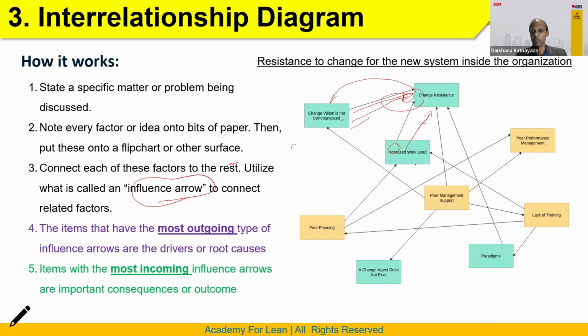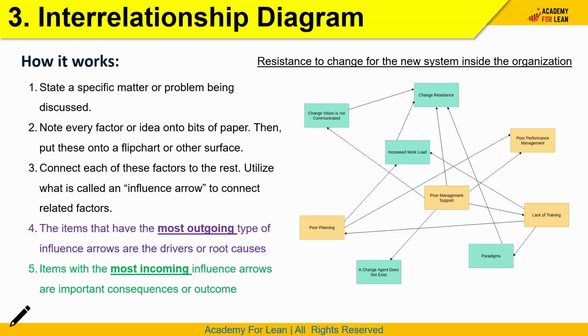If you have any connection between these, we draw it, anywhere you can draw it. Each other we can draw on both sides. The arrow can go this side, that side, or both sides, based on your ideas.